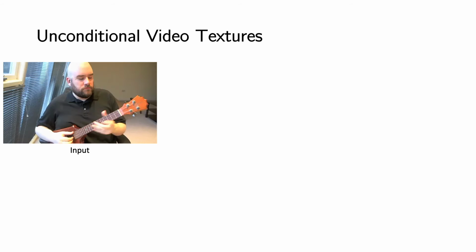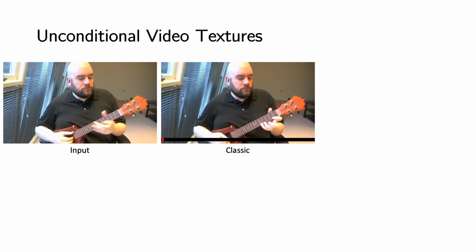For the unconditional setting, we compare our method to the classic algorithm and its variants. The classic method completely fails to find good transitions and loops over the first few frames, appearing to be stuck. The red bar at the bottom of each video indicates the part of the input video being played.